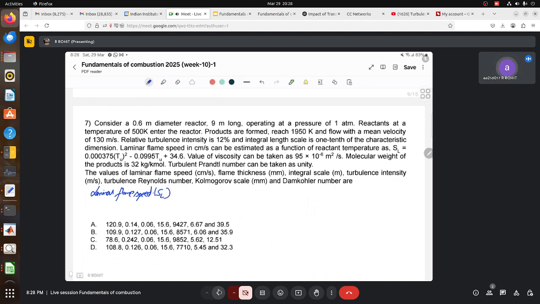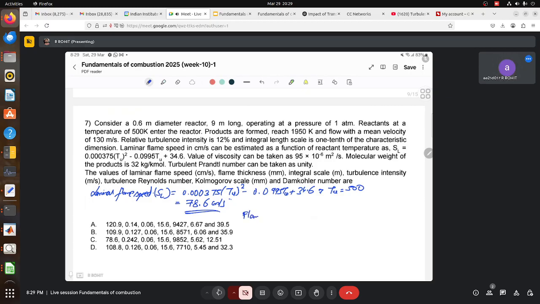It is SL, and it is given as the equation 0.000375 Tu squared minus 0.0995 Tu plus 34.6. Here Tu is 500 Kelvin, which is given to us. So substitute Tu equal to 500 into this equation. If you solve it, you will get close to 78.6 centimeter per second as your answer.